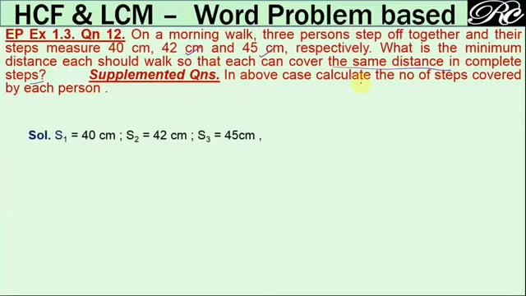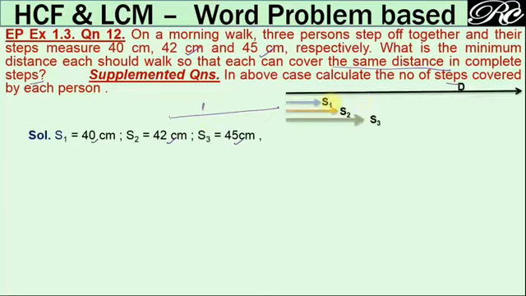So in the above case, calculate the number of steps covered by each person. Here we are getting that a step of the first person is 40, second person is 42 and third person is 45. So we need a longer distance L, which should be a multiple of these 40, 42 and 45, so that their steps will complete to meet again.